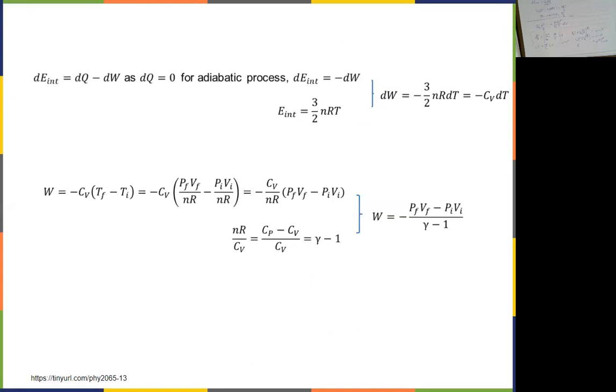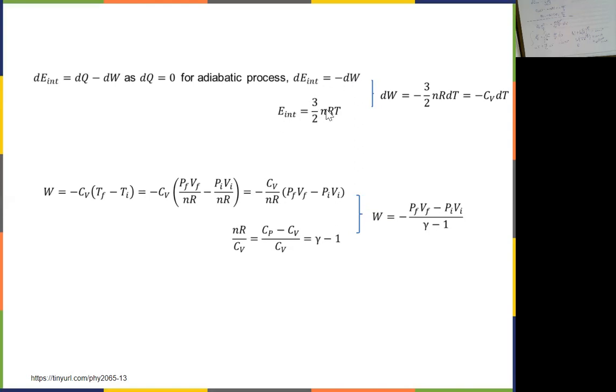Now for an adiabatic process, let's take a look at the work done. Again, for an adiabatic process there's no heat exchange, so delta Q equals 0. Then the derivative of E, the internal energy, is equal to minus dW.